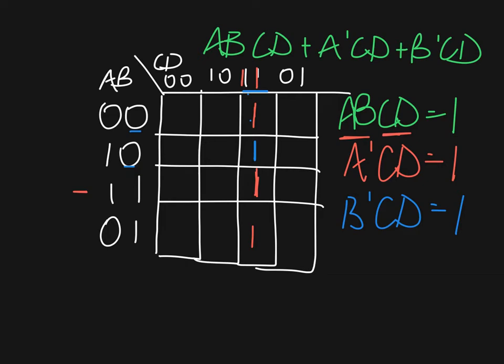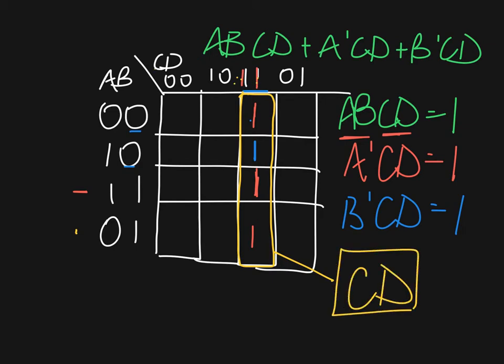So now we use the grouping rule, and as you can see, these form a very nice group, and that's our simplification. So what is constant in that group? These variables alter as you go down. It's these variables that are constant, which are CD. And that is your simplification. So that's nice and simple.